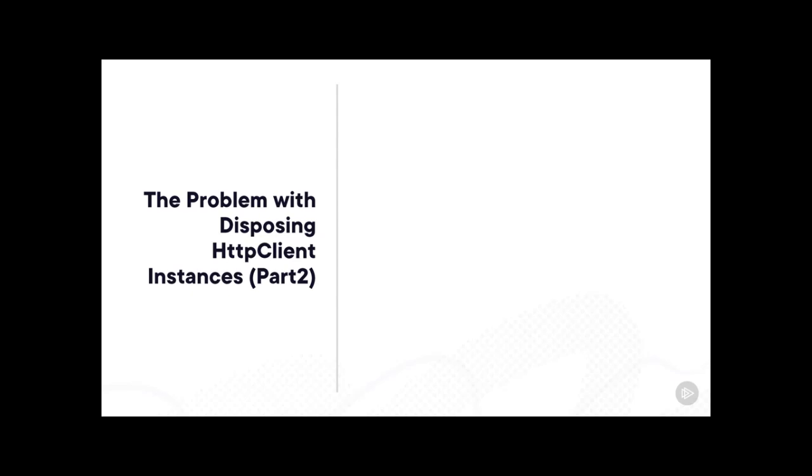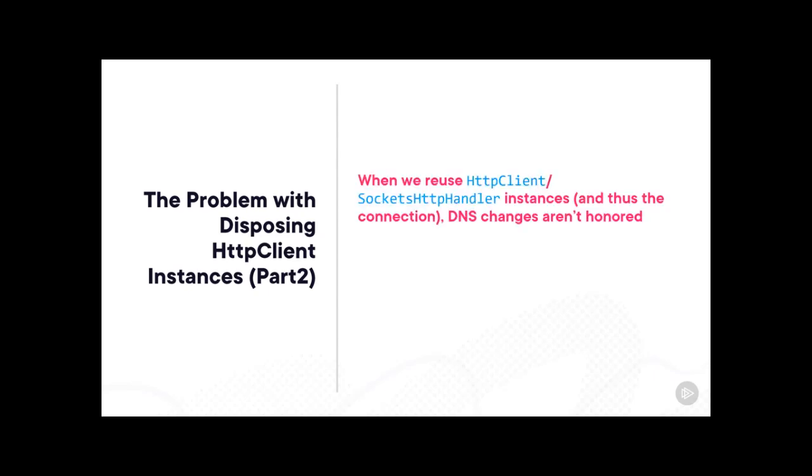From that demo, the solution seems obvious. Just reuse the instance by making it static, for example, and we're good to go, right? Well, not exactly. When we reuse our instance, the connection is reused until the socket is closed, for example, due to a network disruption.